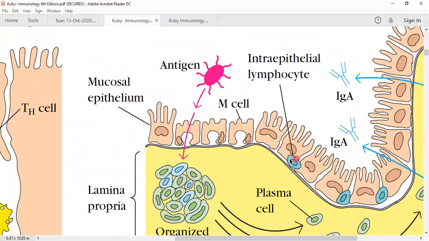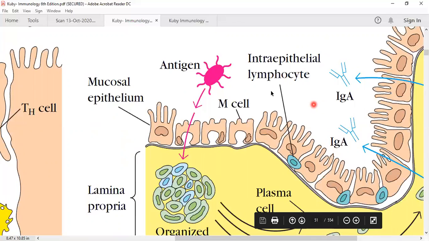They can bind with antigens if they try to come through this barrier. All right, this epithelial membrane is a kind of barrier. If the antigen is trying to cross this barrier, these cells are present, so they will entrap and bind with this antigen.